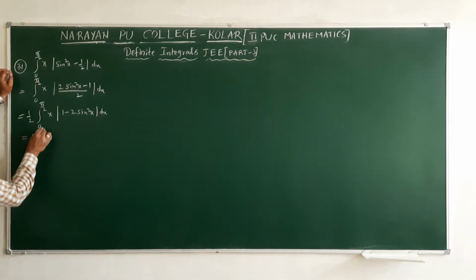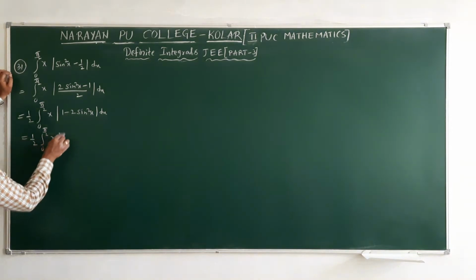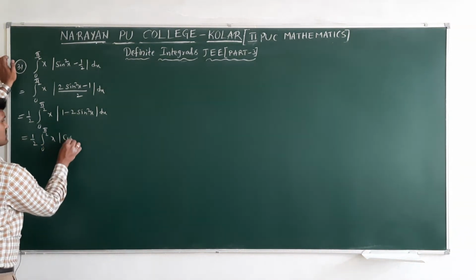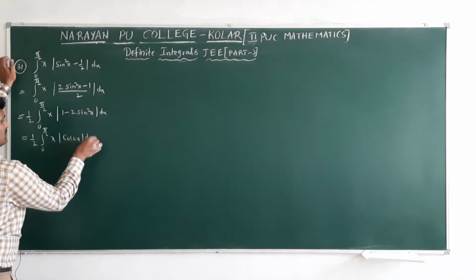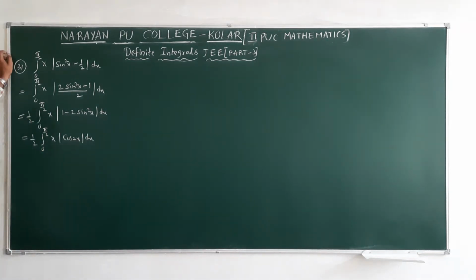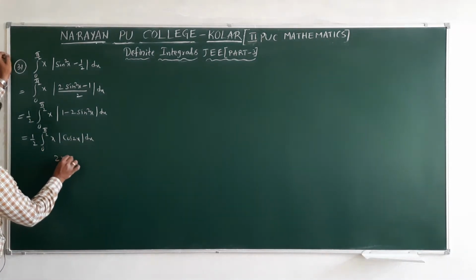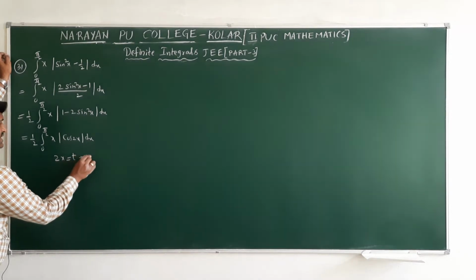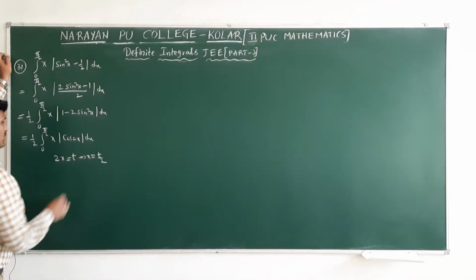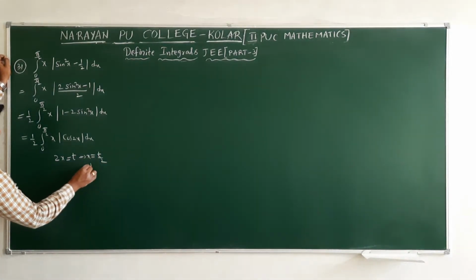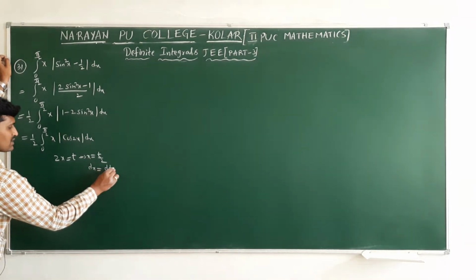1 by 2 integral 0 to pi by 2 x into 1 minus 2 sin square x, whose formula is cos 2x, dx. Here for simplification I will put 2x equal to t. From this, what x value will you get? t by 2. Now differentiate here only: dx is equal to dt by 2.